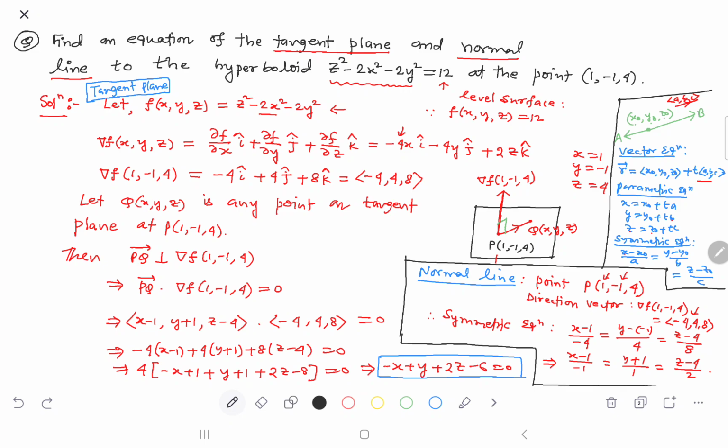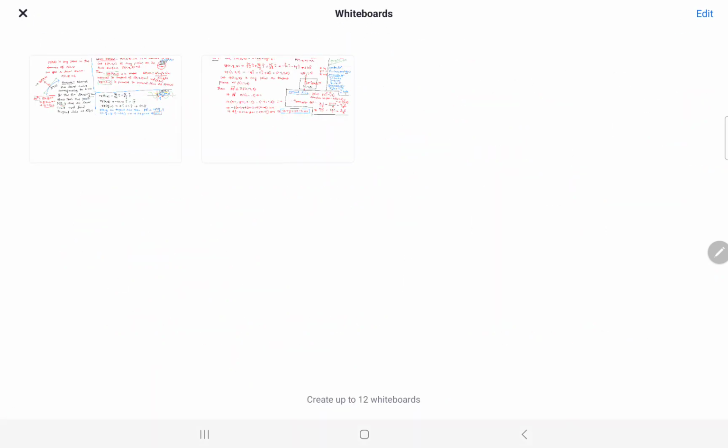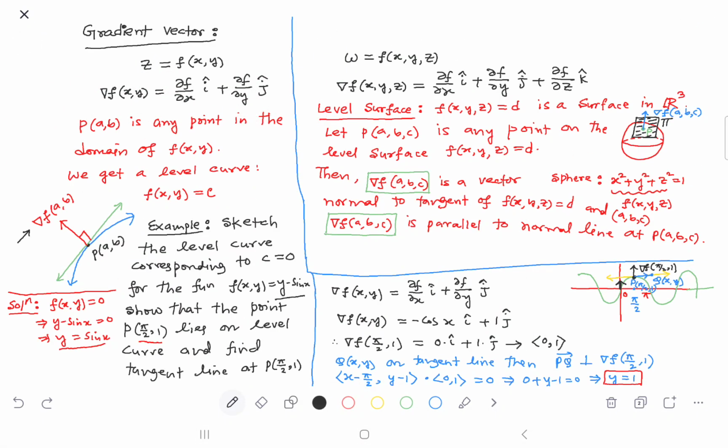So what we have seen here is the application of the gradient vector, right? The gradient vector for two variables gives you the normal vector to the tangent line, and the gradient for three variables gives you the normal vector of the tangent plane at the corresponding point.